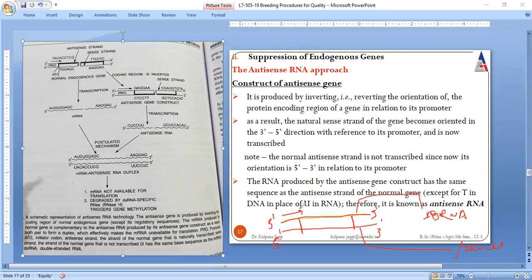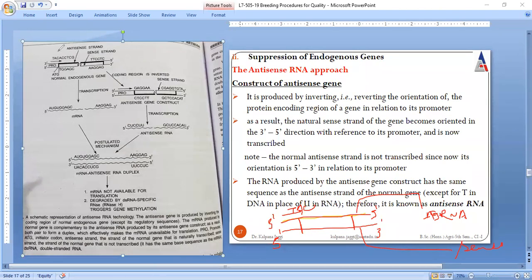The sequence is T, A, C, A, C, C, T, C, G, shown at the 3' and at the 5'. Obviously it is going to be complementary, because the two strands could bind to each other only if they have complementary base sequences. So if it is G, it is going to be C and so on, right?